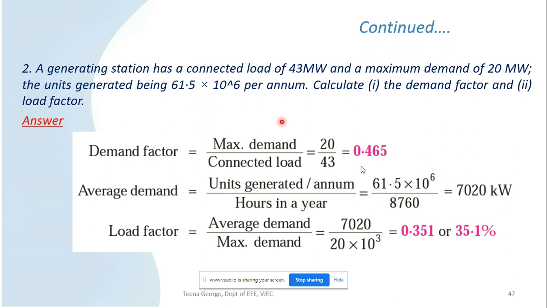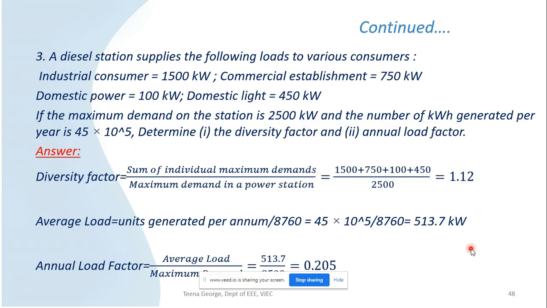That is 61.5 into 10 raised to 6 divided by 8760. So it is 7020 kilowatt. So the load factor is average demand by maximum demand, 7020 by 20 into 10 raised to 3. That is 0.351 or 35.1 percentage.